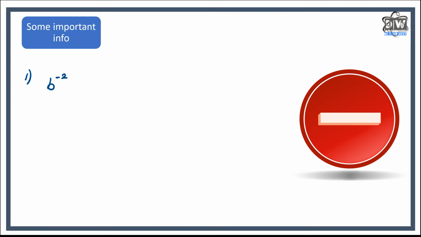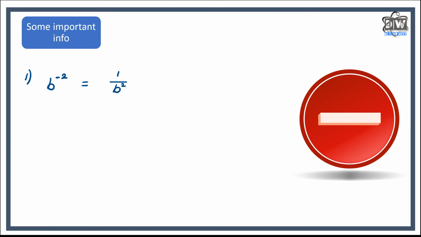What this means, first example, make sure you copy these out, because on the next slides, I'm going to get you to give them a go on your own without any help from me. So you need to copy these out. But here we go. b to the power of minus 2 actually can be rewritten as 1 over b to the power of 2.